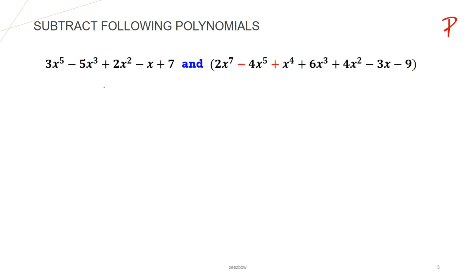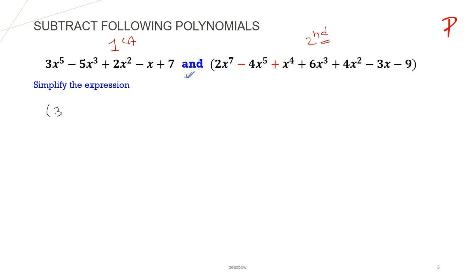Okay, so here we have the first polynomial and this is our second polynomial. So we got it after solving the internal brackets, right? Now I have to subtract these two polynomials. Okay, so I will simplify the expression. So in place of the and, I will place a minus sign. See how we write it.